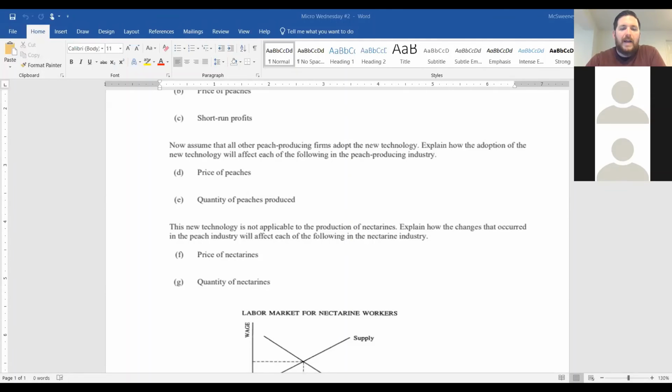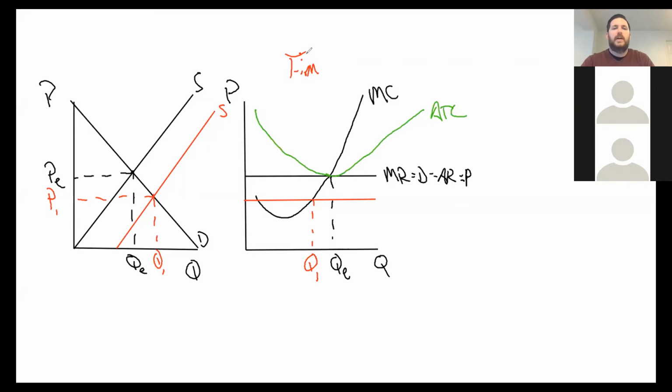So if we were to go back to this graph, okay, what I was missing from the graphs here to show you in the market is the fact that everybody else's ATC and MCs are going to decrease, right? So we all are going to get the benefit of the new price. So because of that, I know this graph looks kind of crazy right now.